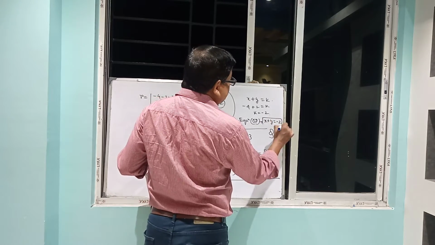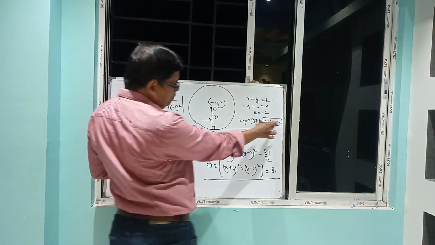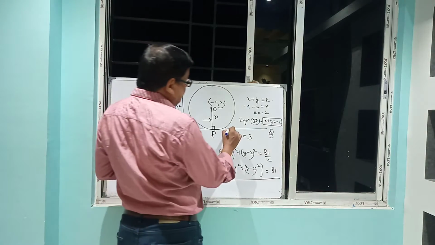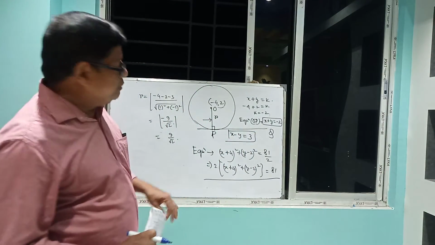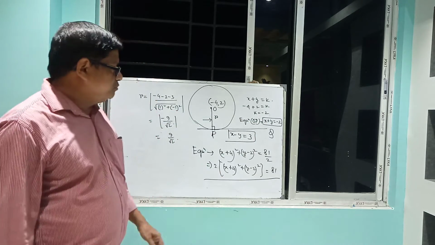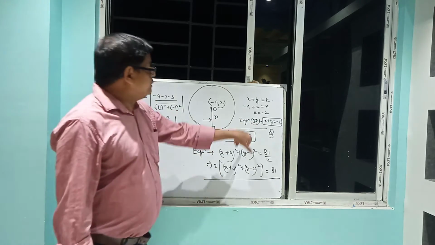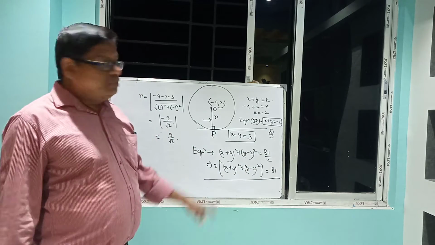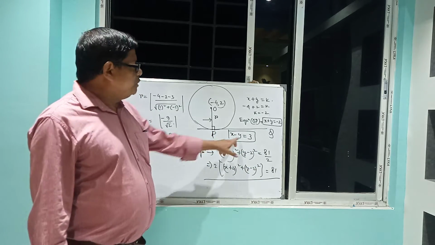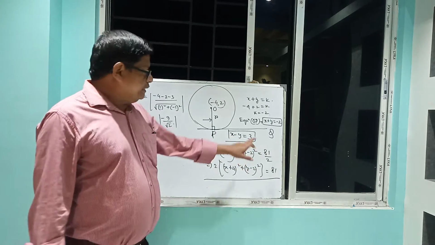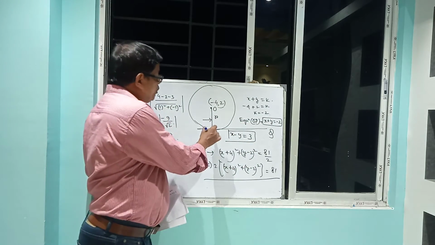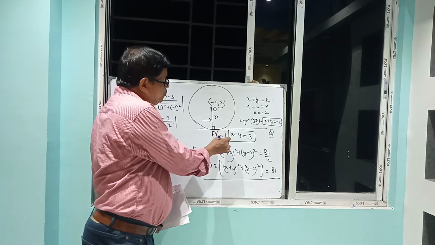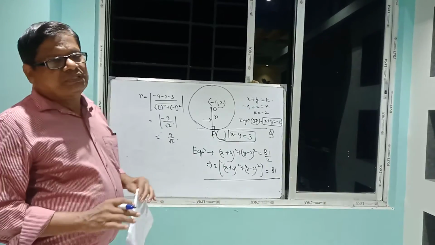You will get this equation. Then x plus y equal to minus 2 and x minus y equal to 3, you have to solve these simultaneous linear equations. So 2x equal to 1, then x equal to half. One coordinate you get; put the value and you get the other. That is the point of contact. Understood?